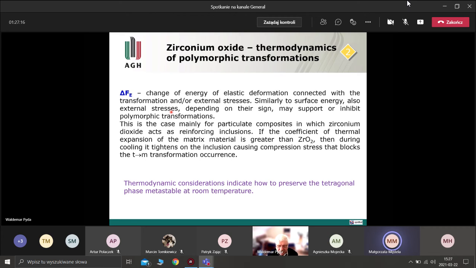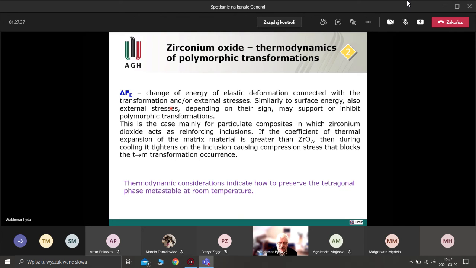Yes. And tetragonal to monoclinic. Okay. Density changes also, yes. The density decreases or increases before transformation, tetragonal phase, after transformation, monoclinic one.